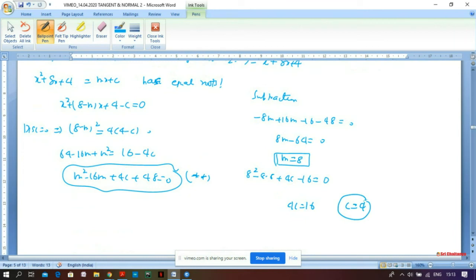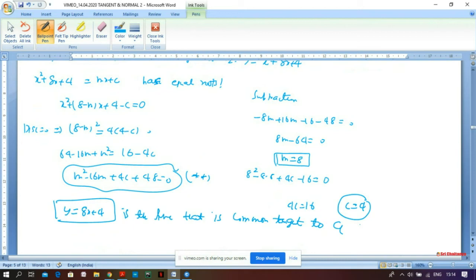So we know now that y equal to mx plus c, that is 8x plus 4, is the line that is common tangent to curves C1 and C2. This is about the common tangent.